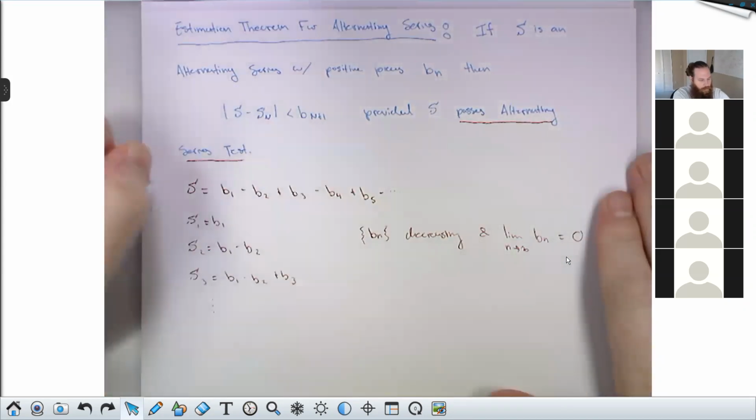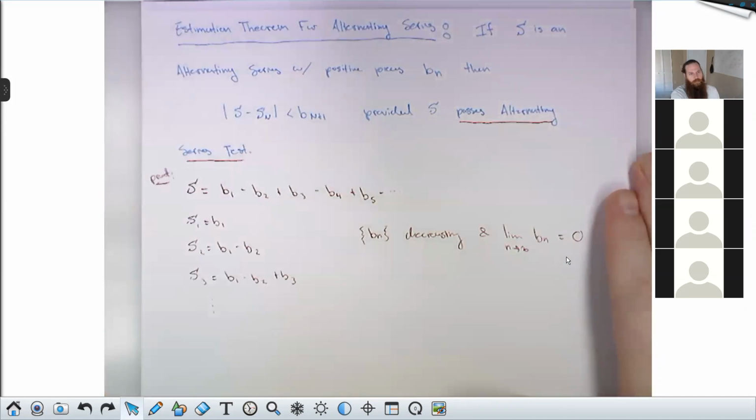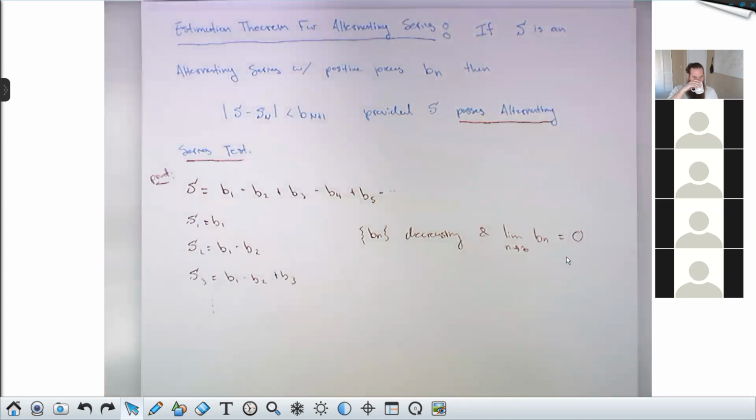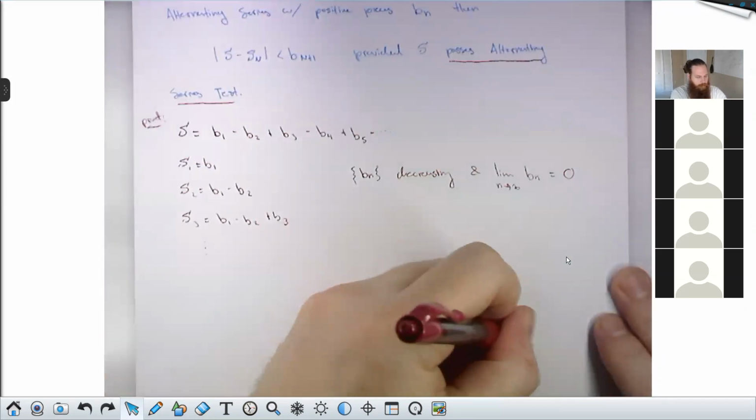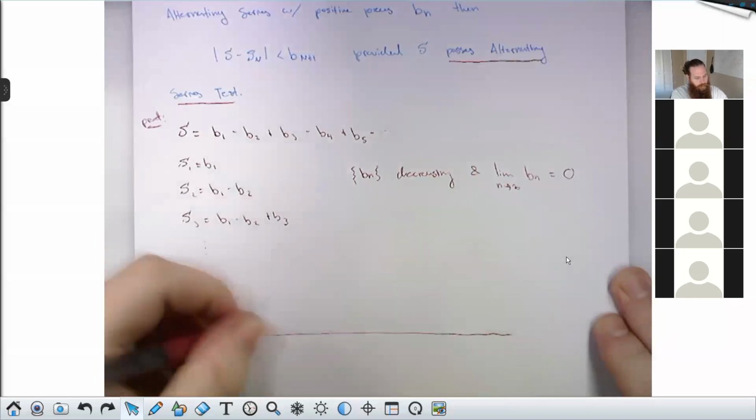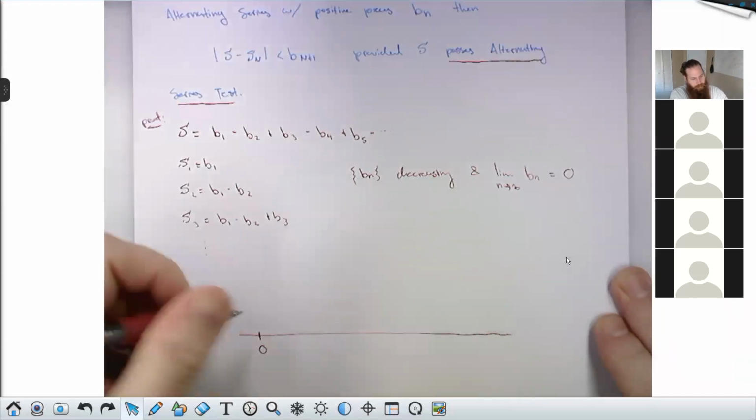Okay, so here's going to be our proof. I'm going to draw a number line. I'll put 0 right here.